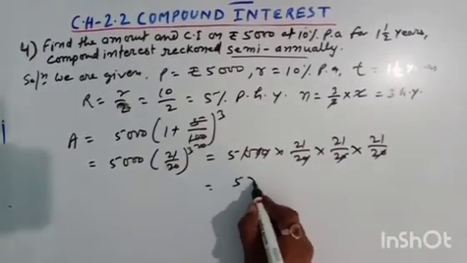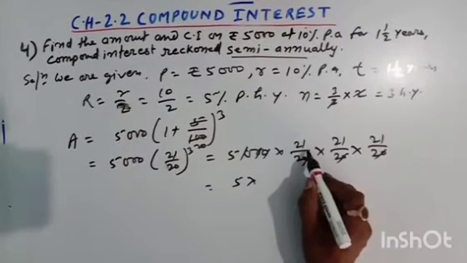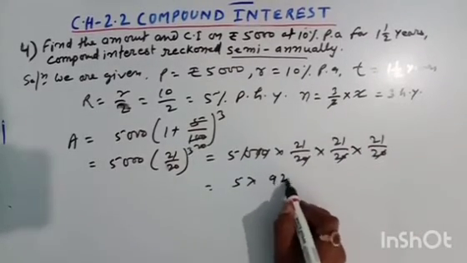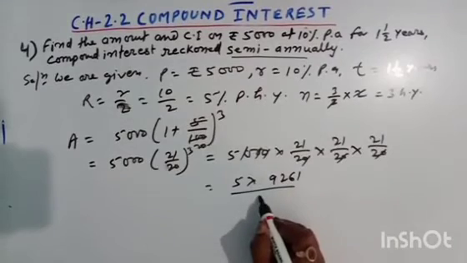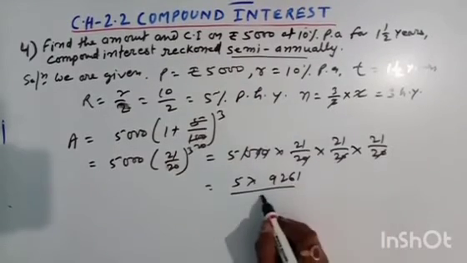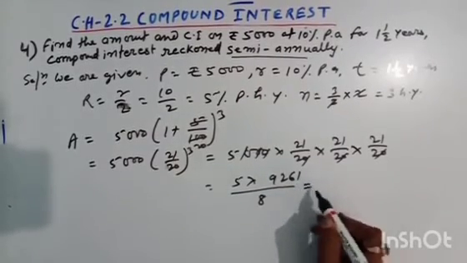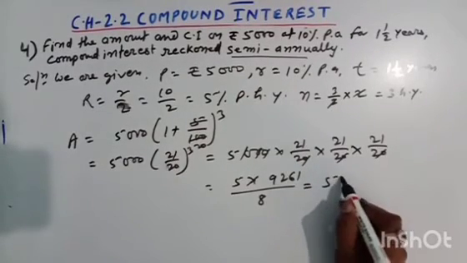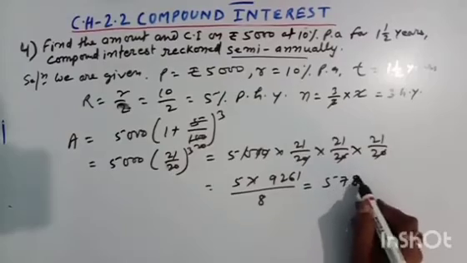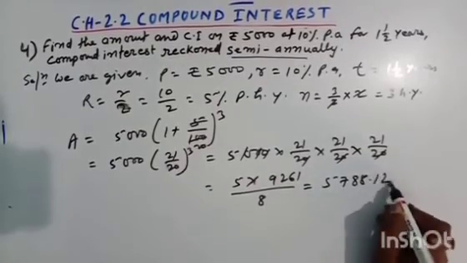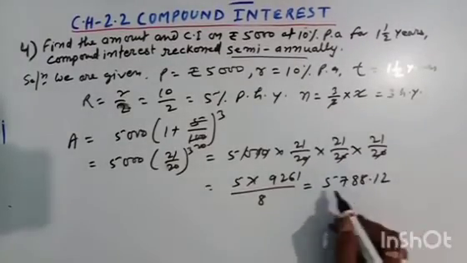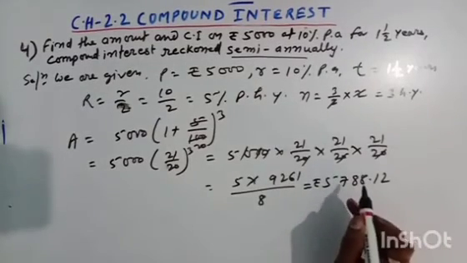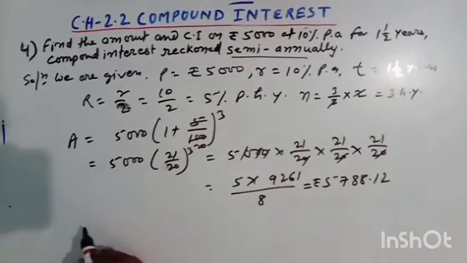So here 5 into, when you multiply all these, you will get 9261 divided by 8. Okay, so finally you just calculate, you will get 5788.12. This is the amount which you receive after 1.5 years. Okay, so amount you got.